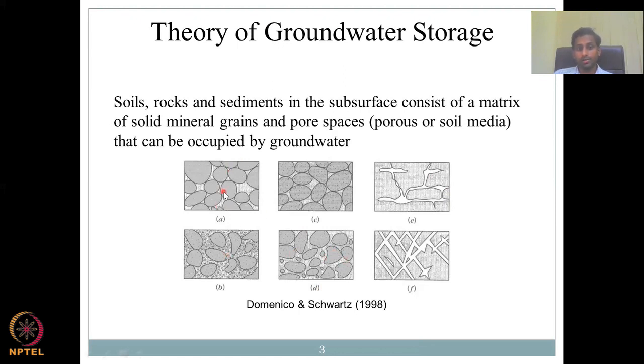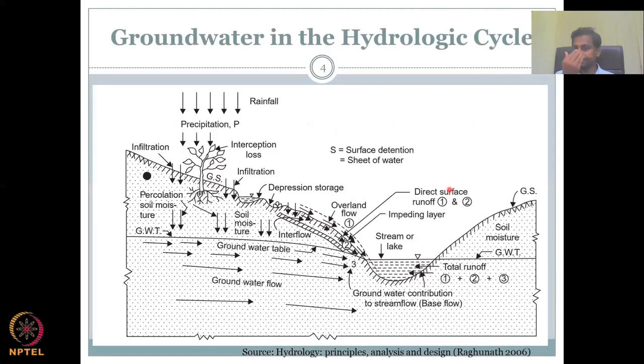So all these pores are connected very slightly. The water fills here. After it fills, it moves down to the other pore. Okay, so it depends on the pore space. If you do not have a pore space, for example, here there's no water. Only in the pore space where you have space, water gets in and then stores it.